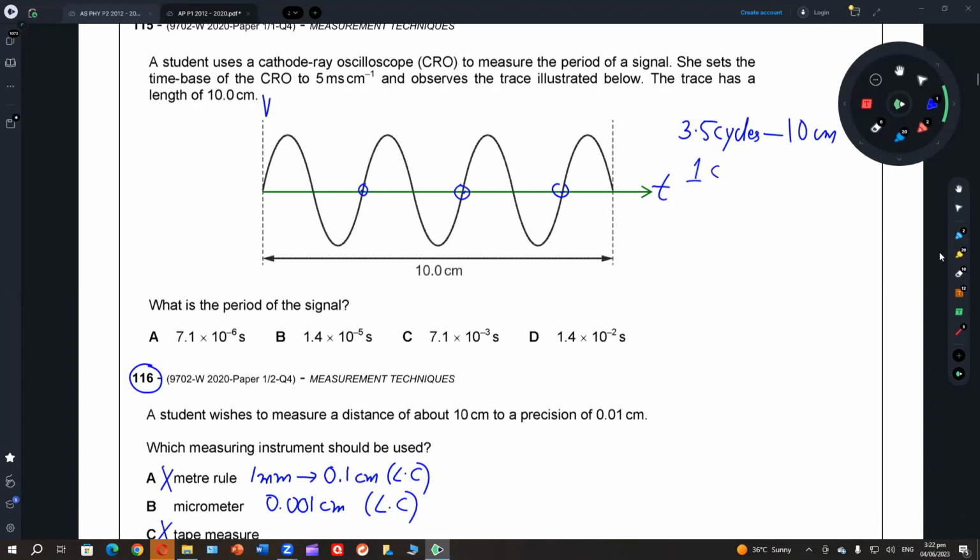That would be better. It is coming as 2.86.